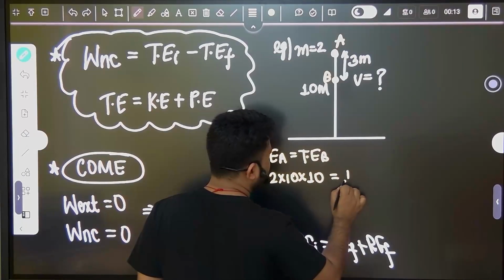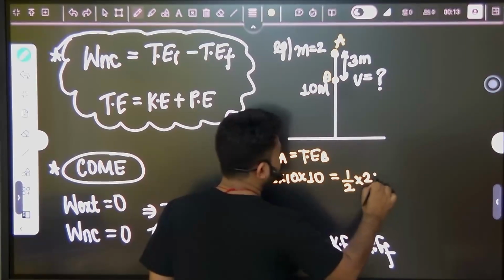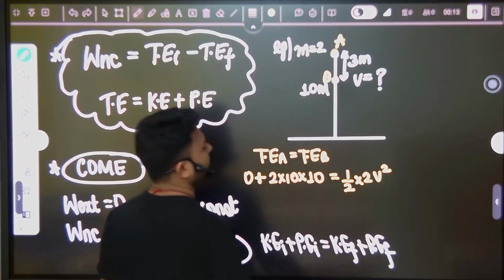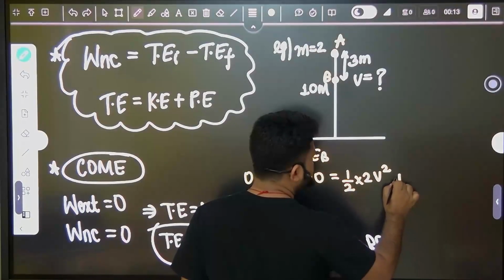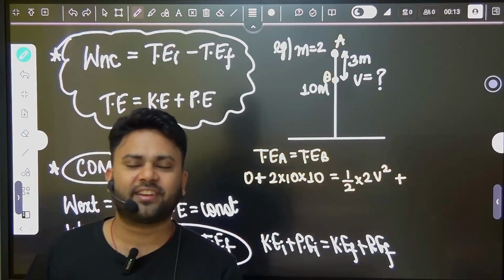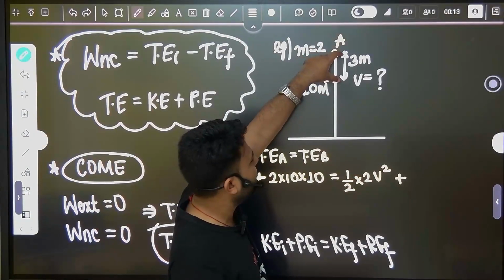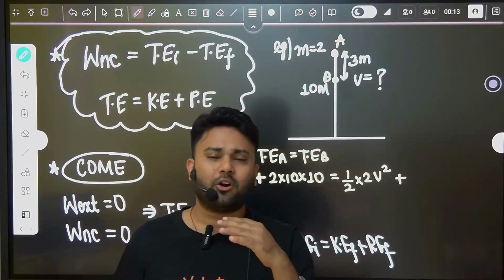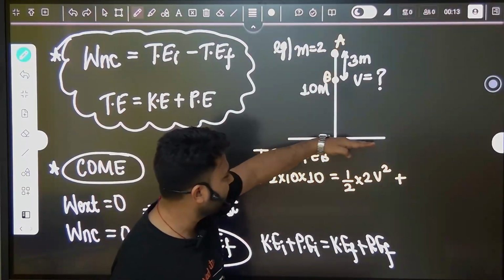So kinetic energy will be half, mass of the ball is 2, v square, speed at that point, plus potential energy at that point. Now see here, this is very important. Some students get trapped over here. Potential energy they will write mgh, height 3. Height we always consider from the reference level. Like this is our reference level.